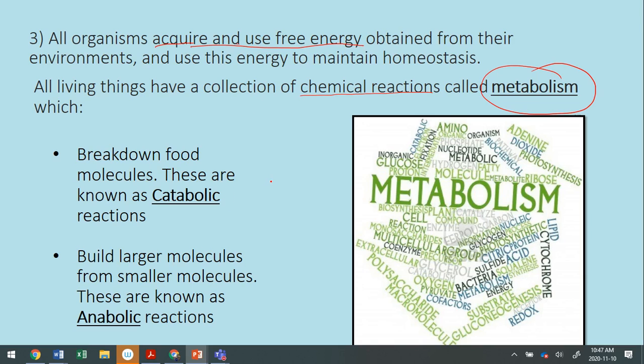So basically, metabolism can be broken down into two types of reactions, catabolic and anabolic. Now, in catabolic reactions, this is where we take large molecules and break them down into smaller molecules. Okay, so in catabolic, we take a large molecule and we break it down into a smaller molecule.